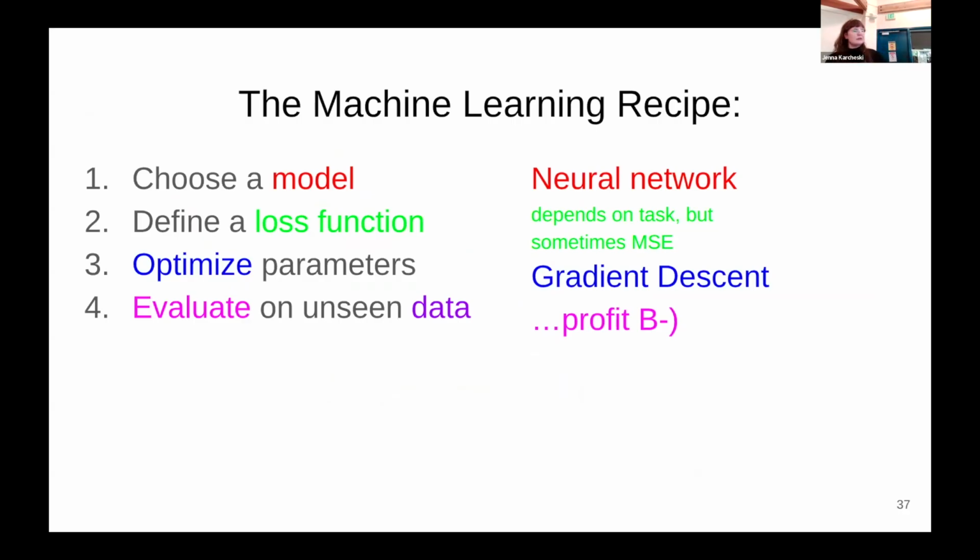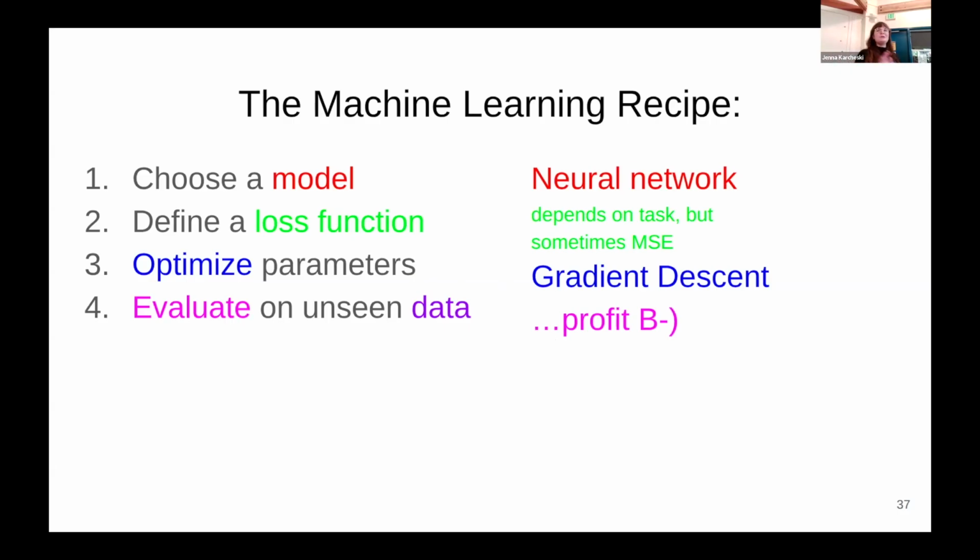We're defining a loss function, which we discussed can be complicated, but sometimes if you have a regression task, it can still be our tried and true, well-known MSE. And we optimize the parameters, generally a bit differently because we have a lot of them. So we use this regime called gradient descent, which I'll talk about in a second. And then still we evaluate on unseen data and do whatever task we want to do.